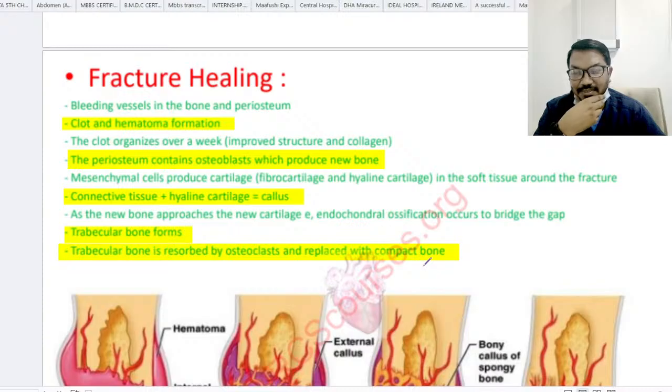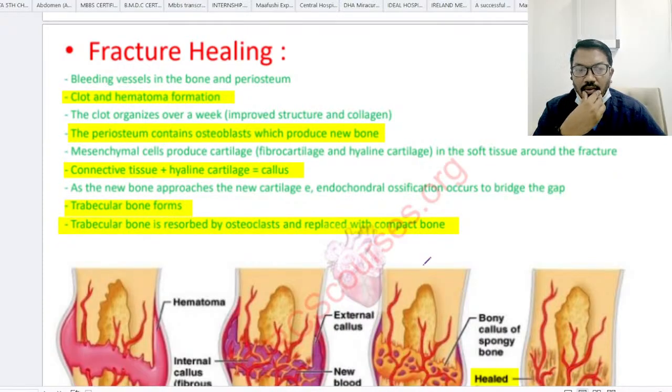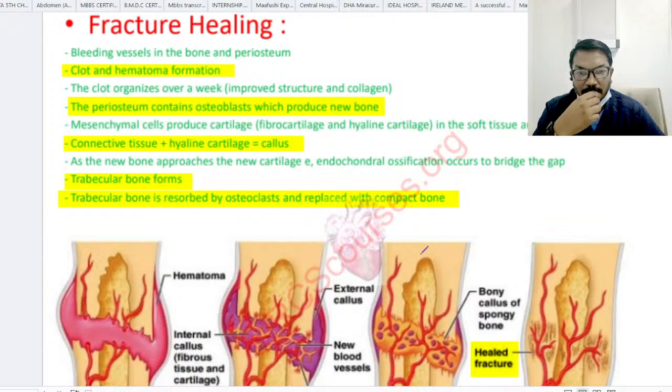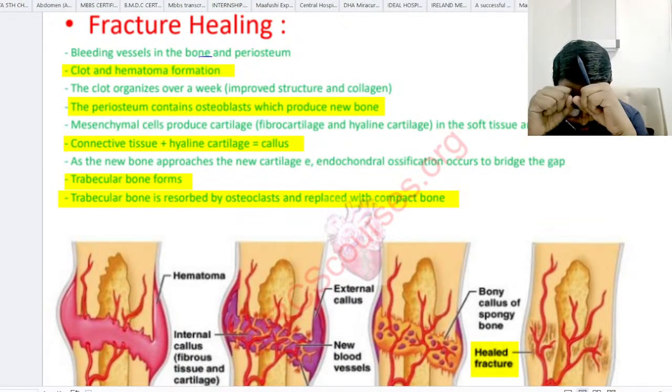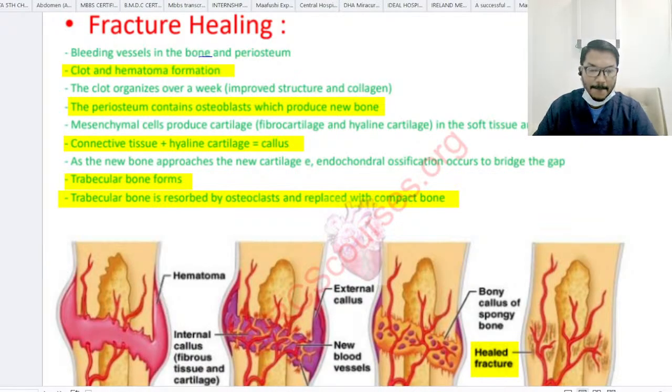Okay, fracture healing. As you have already completed pathology, so you must know. Bleeding vessel in the bone and the periosteum. In the bone, what is the blood supply in the bone? What is the main blood supply of any bone?